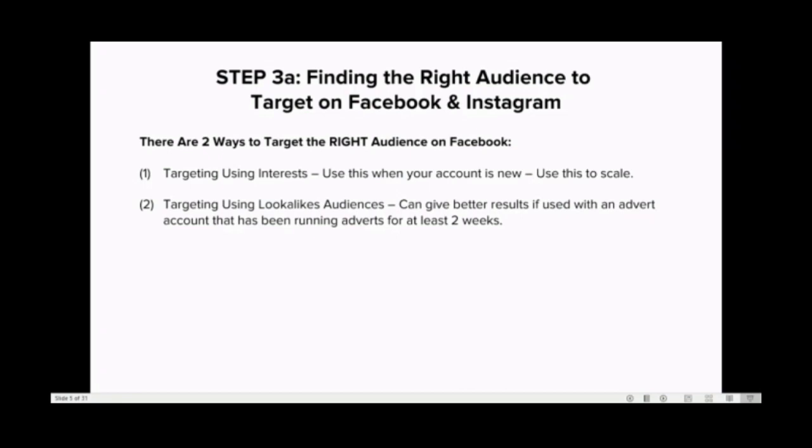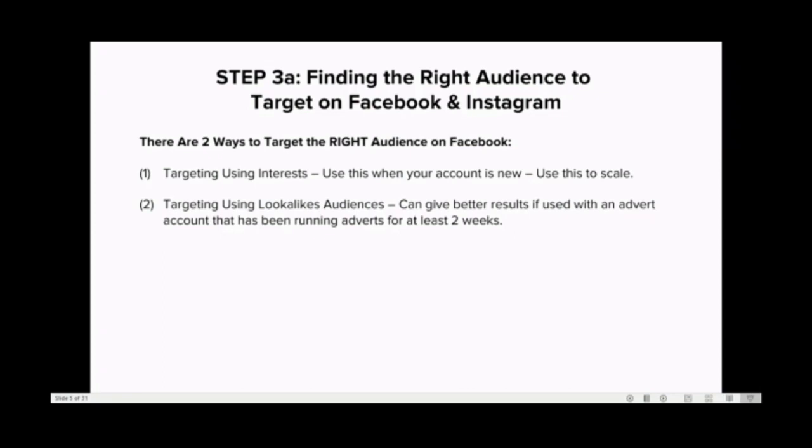The first method is by targeting using interest, and this is what you use when your advert account is new. You can also target your audience using interest when you want to scale or move higher and reach more people. The second way you can target your audience is by using what we call look-alike audiences.